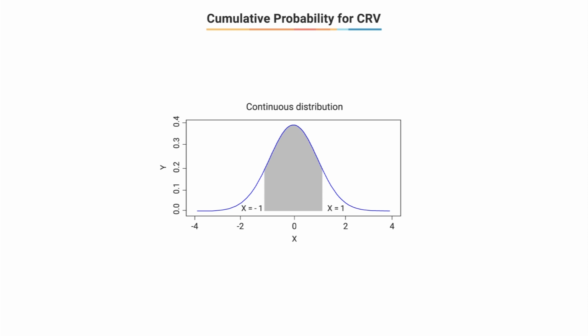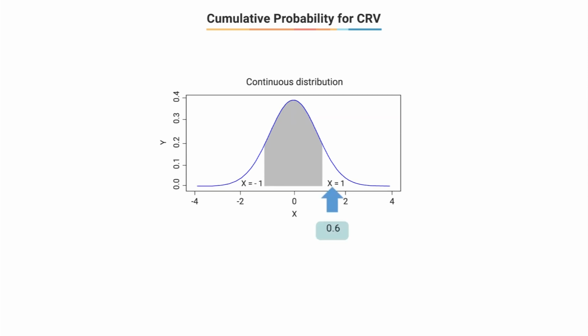We can say that the probability of x between minus 1 and plus 1 is nothing but the probability of x less than or equal to 1 minus the probability of x less than or equal to minus 1. And this value can give us the area under the curve from minus 1 to plus 1. So in this case, the probability of x less than 1 is 0.6 and the probability of x less than minus 1 is 0.5. So the probability of x lying between plus 1 and minus 1 is 0.1.